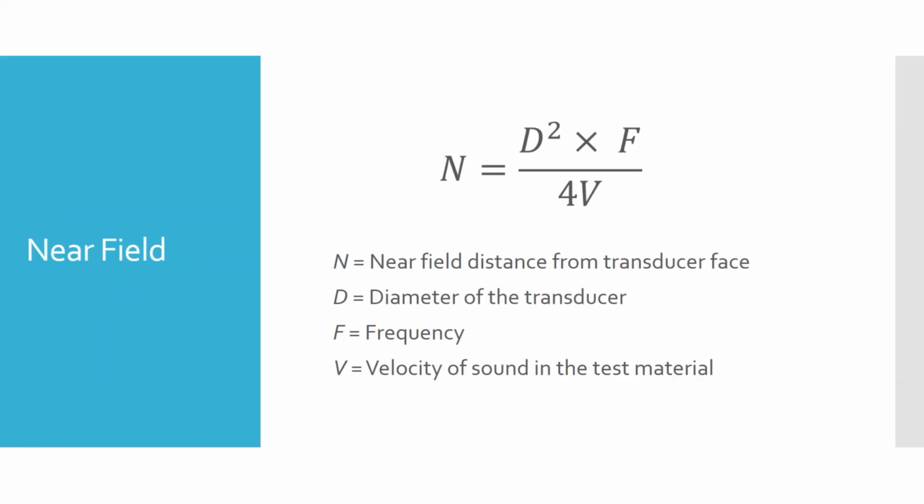And so if you run the probe at the frequency that is described on it, and with the known wear plate material that's part of the probe, that should create a near field that doesn't extend past the face of the probe. So if you were to run a probe outside of its design frequency, you have a greater potential for causing your near field to extend into the part, right?